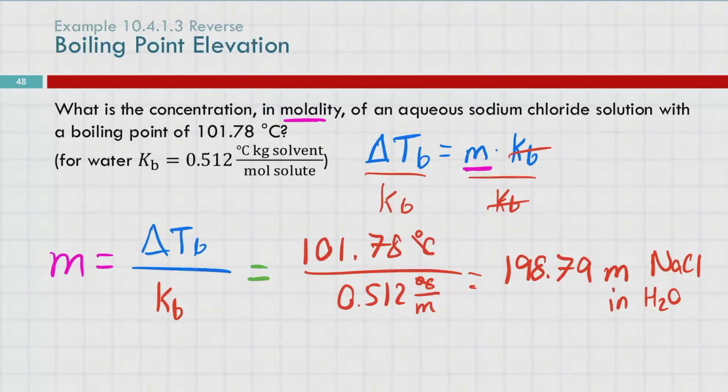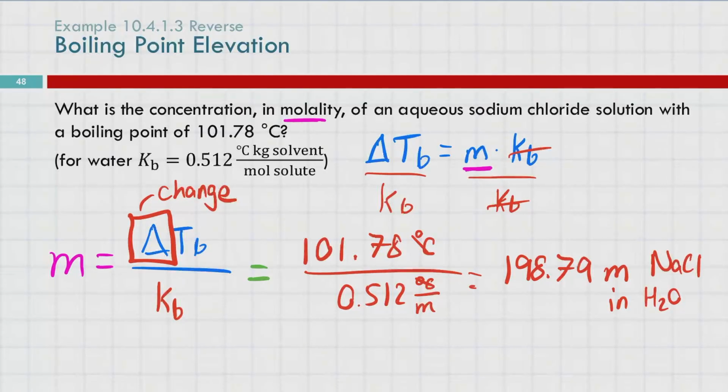So what was the mistake that we made? What did I plug this 101.78 in for? What was that term? Delta TB. So delta is key. This is the change in boiling point. That's how much our boiling point went up, our boiling point elevation.